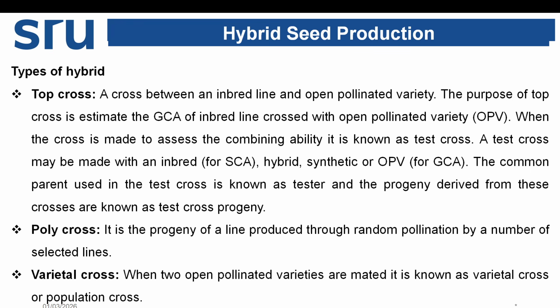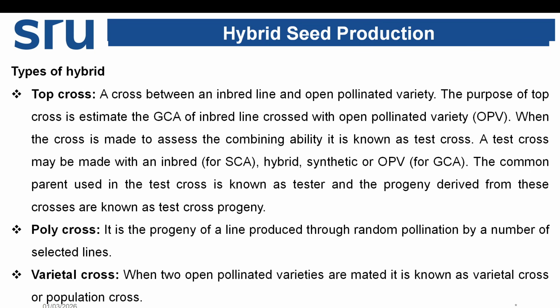Then next is the top cross. Now, what is meant by a top cross? A top cross is a cross between an inbred line and an open pollinated variety. The purpose of this top cross is the estimation of general combining ability of an inbred line. Right?